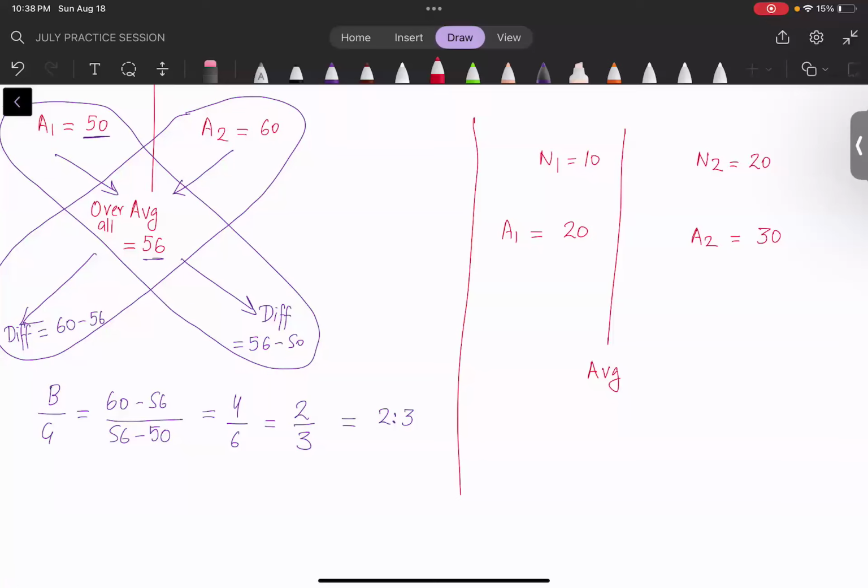So I have taken a few values. You have to answer what is the weighted average. Please calculate.